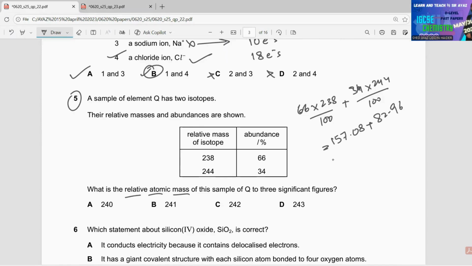If you add up these values, you will get 240 as your answer. As they are saying, you have to write the answer to 3 significant figures. So 240 must be the final answer for this one.